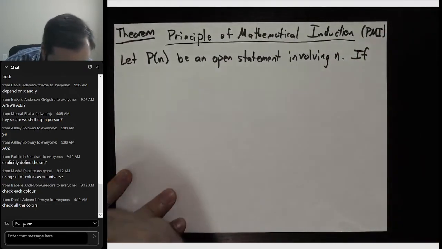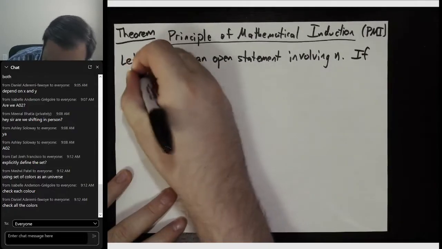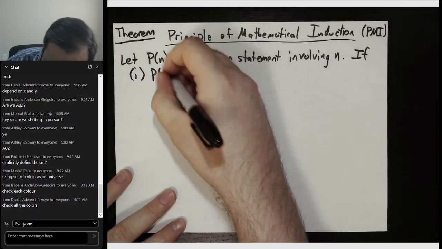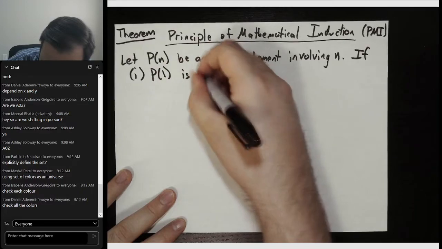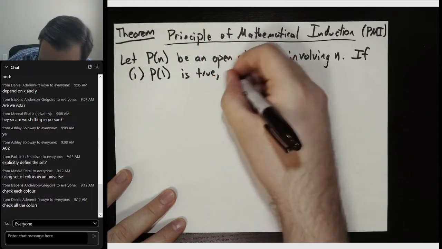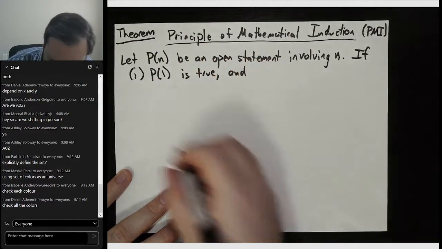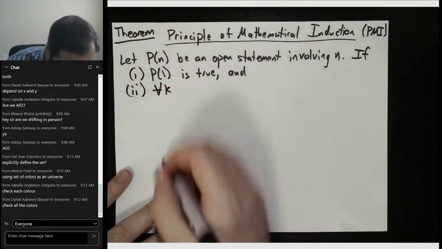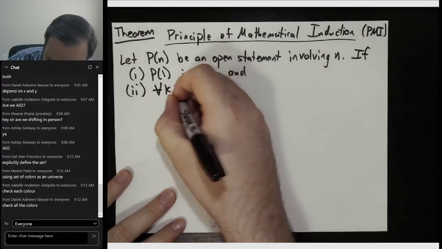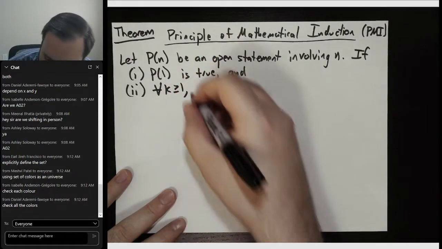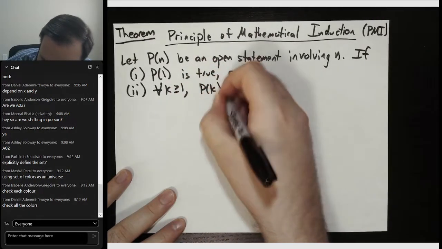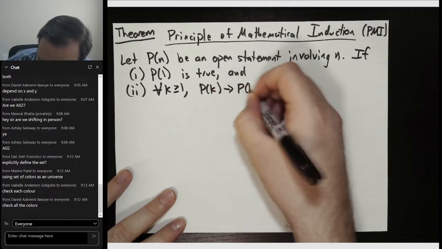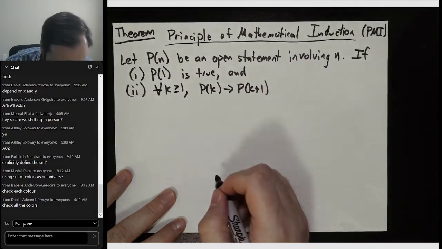If we need two things: P of 1 is true, and for every k that is at least 1, P of k implies P of k plus 1.